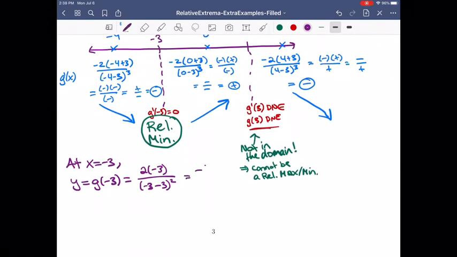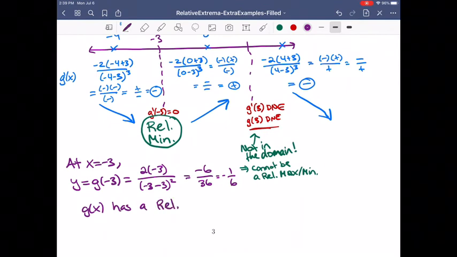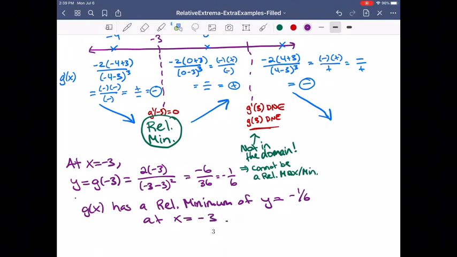So this is negative 6 over negative 6 squared, which is 36. So it's going to be negative 1 over 6. So g of x has a relative minimum of y equals negative 1 over 6 at x equals negative 3. And that's the only extrema value for this function.